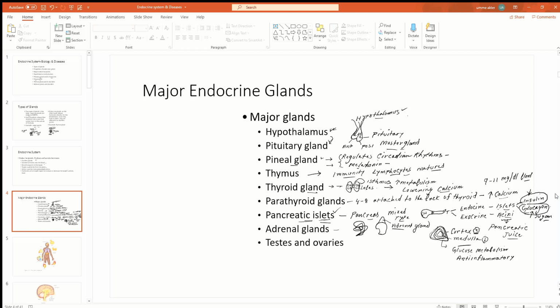Adrenal hormones also regulate minerals, sodium and potassium in the blood, and produce sex hormones. So a small amount of sex hormone is also produced by the adrenal gland.